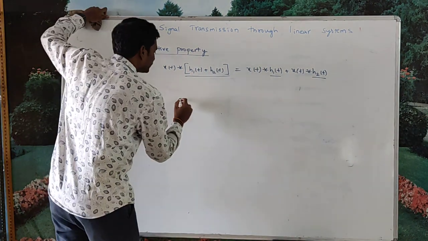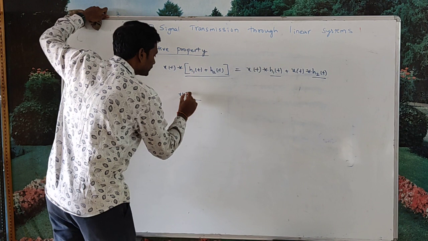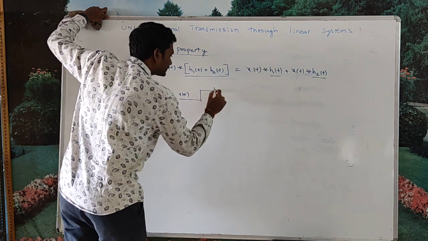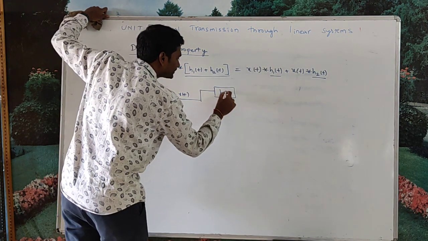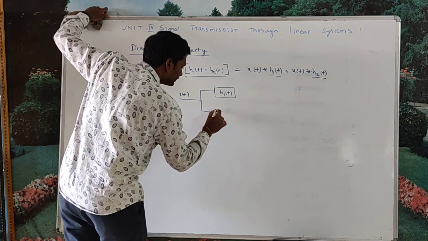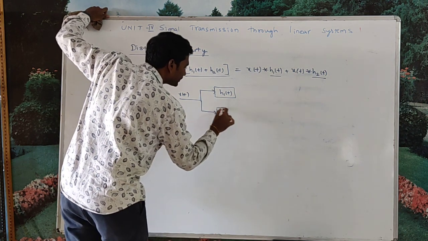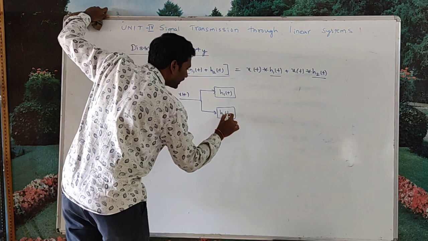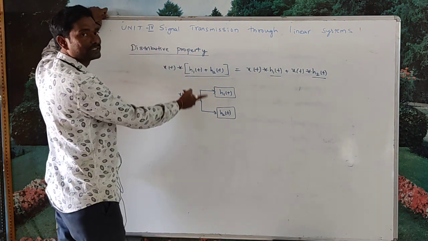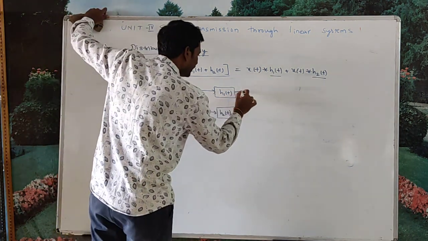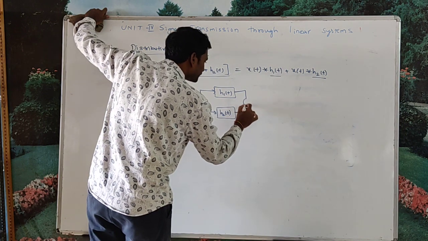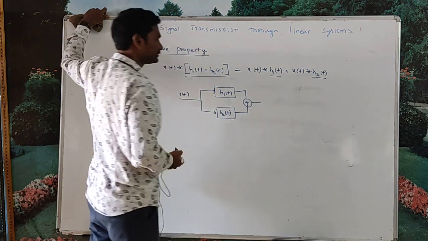So, let me write, let us consider there is an input, there is one system whose impulse response is h1 of t, there is another system whose impulse response is h2 of t, and we are giving the same input for the two systems here, and these two systems' outputs are added together.